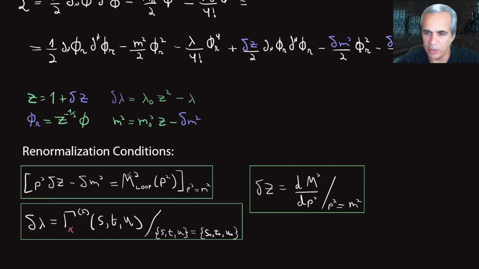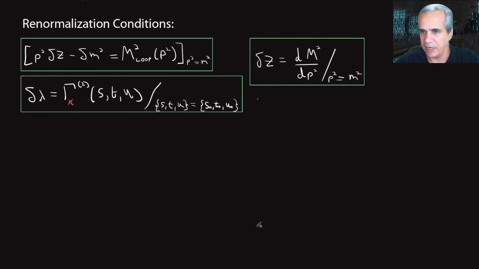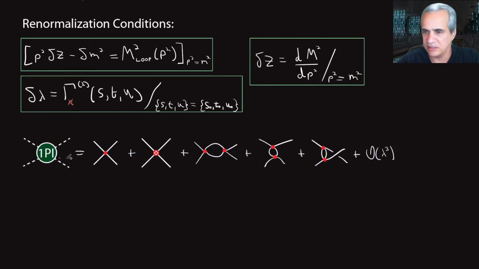Now I have to calculate these two functions, the 2-point function and the 4-point function for λφ⁴, because then I can use these conditions to get the counter terms. In terms of Feynman diagrams, this is the sum of all 1PI contributions to the 4-point function. I call this one iΓ.